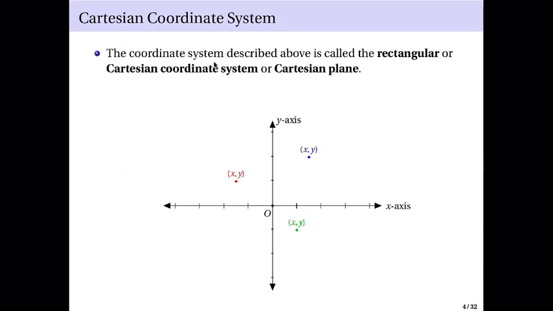The coordinate system described is called the rectangular coordinate or Cartesian coordinate system, or we simply call it the Cartesian plane. It's a flat surface where we think of a certain point to be our origin, and then we draw horizontal and vertical lines passing through that origin.